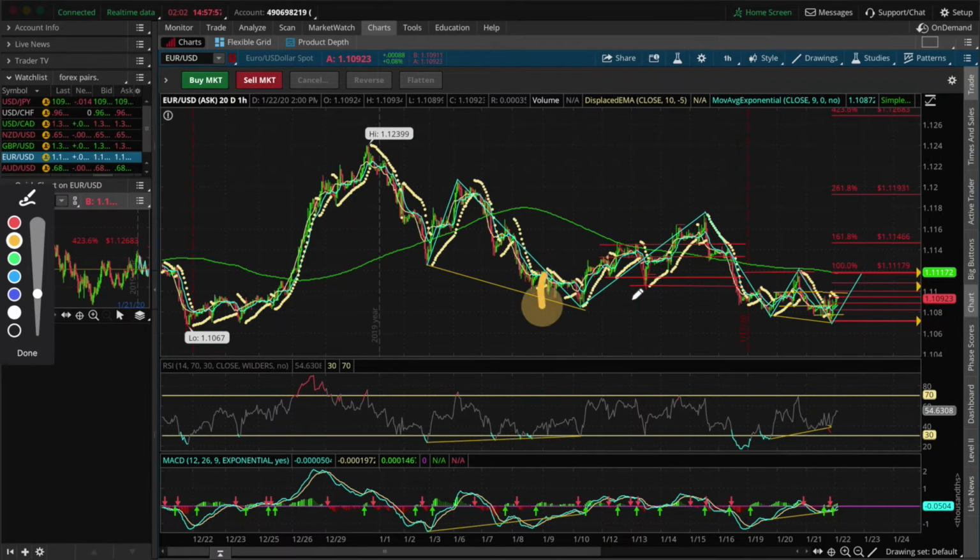This is where we make our money. We make our money by getting in right here and then rising with the price and then going out right here. So we're in and then we're out. Cool. So that's what divergence can help you determine.